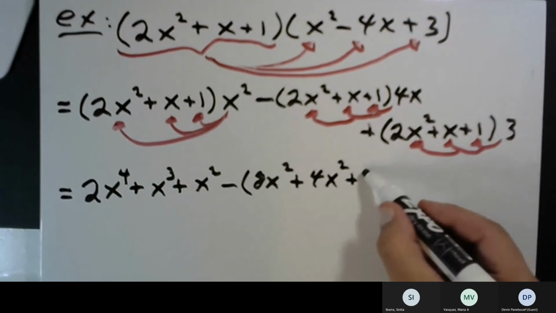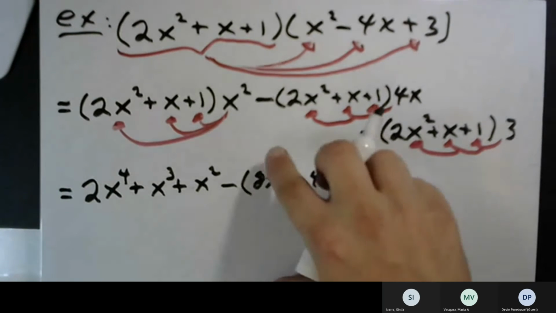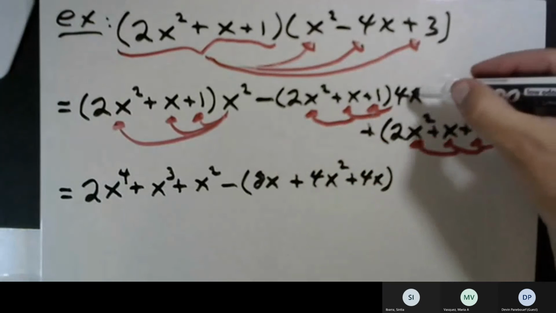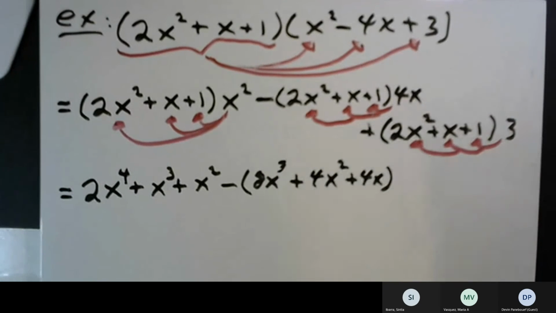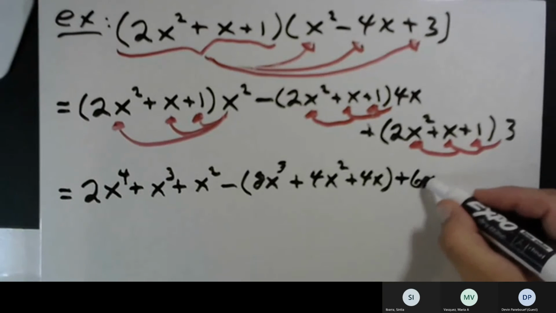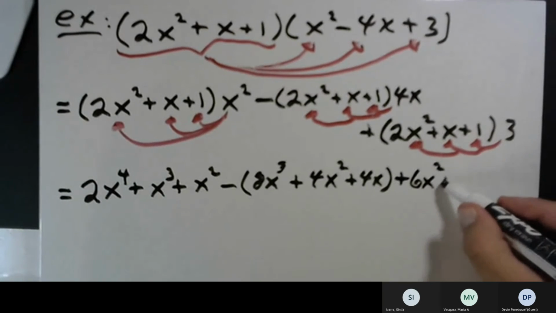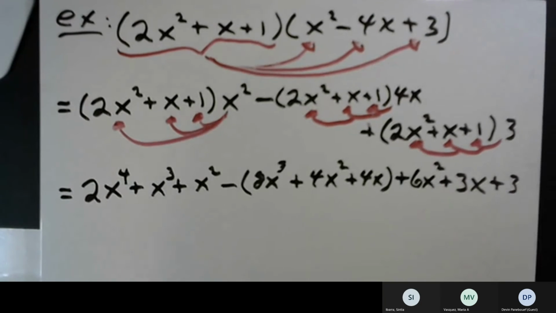And 1 times 4x is 4x. And then this one, oh, I'm sorry, made a mistake. 4x times 2x squared is 8x cubed. Don't forget the x cubed. And then this one, it'll be 6x squared plus 3x plus 3.